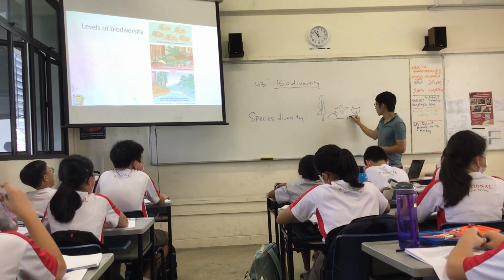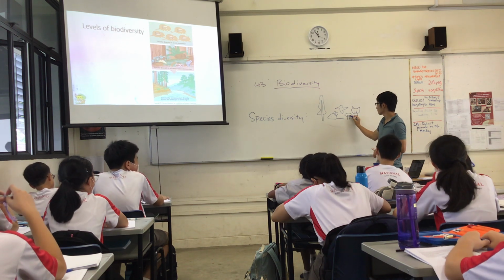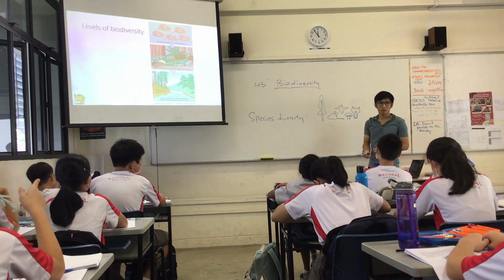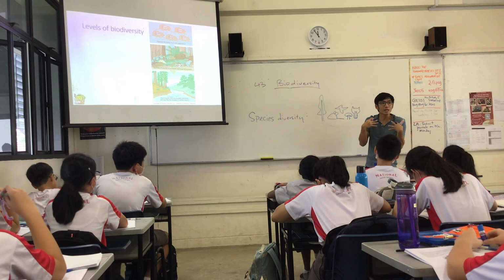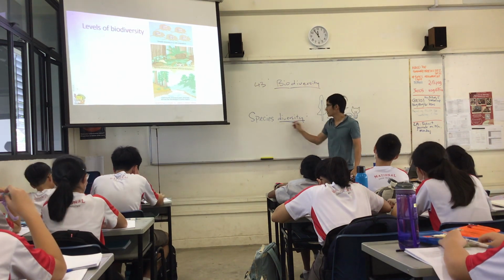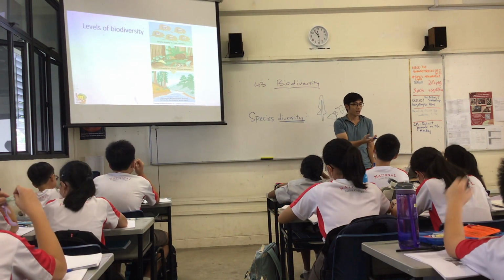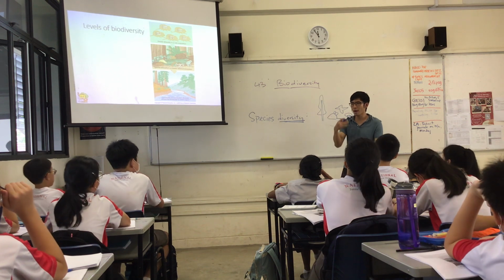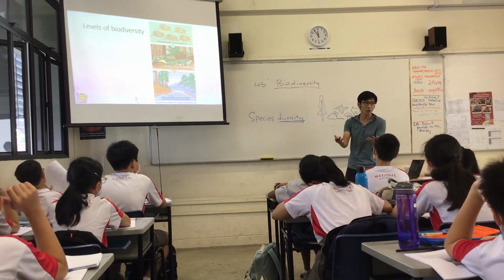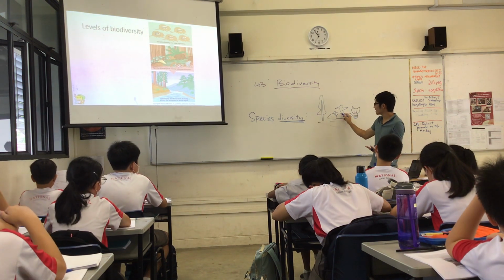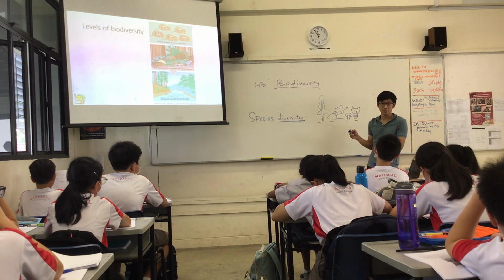And then there are mushrooms. So on and so forth. This is what we know of as diversity. I think it's very common to us. Every time we share in the news, we talk about biodiversity. Actually, we are very often talking about the many different living things, different species of living things present.